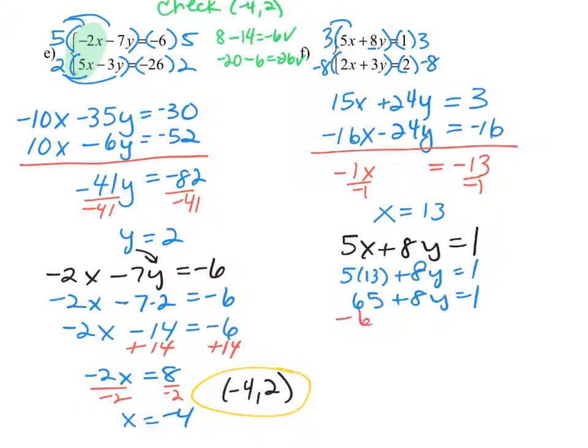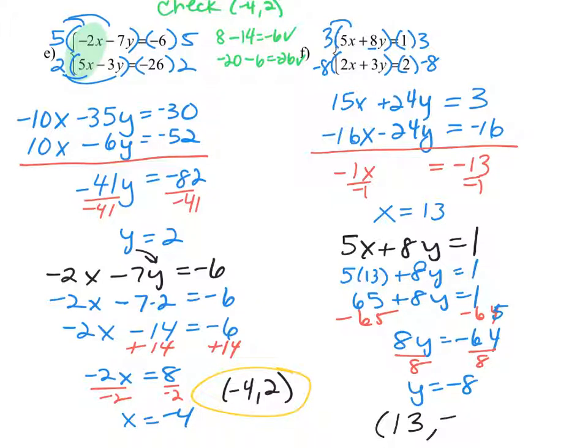We're going to subtract 65 from both sides to get 8y is equal to negative 64. And then when we divide by 8 on both sides, we get y is equal to negative 8. So our solution to the system of equations is x equals 13 and y equals negative 8. As an ordered pair, we write that as 13 comma negative 8.